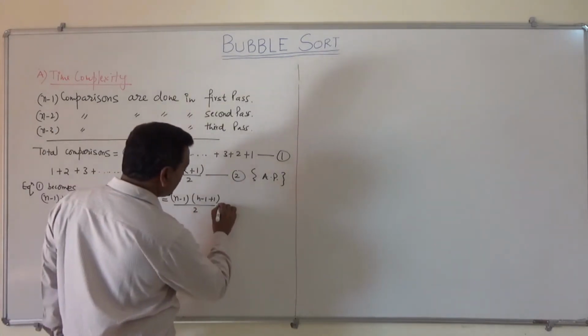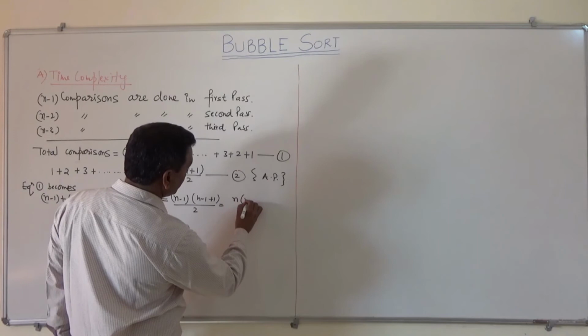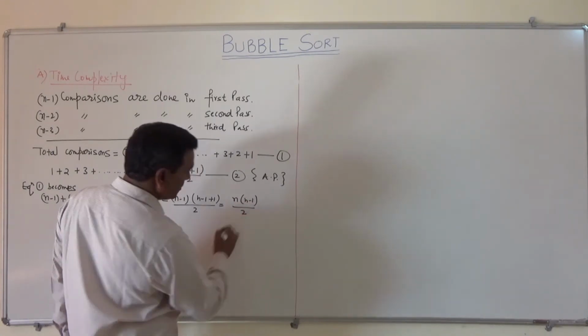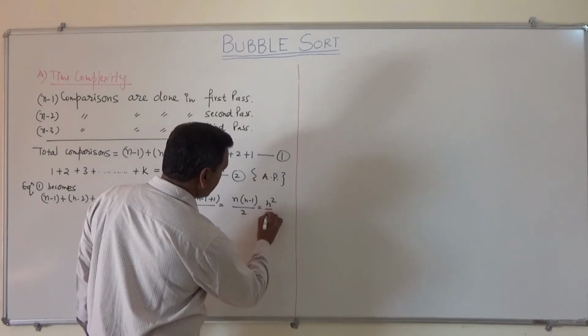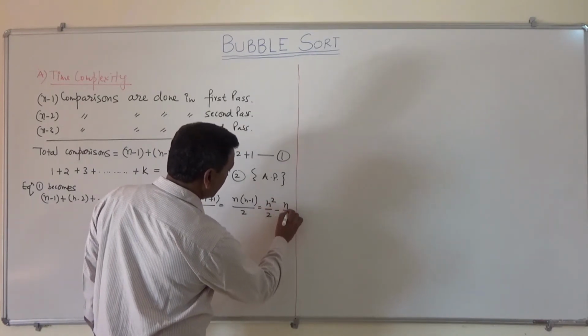So it comes out to be n into n minus 1 upon 2, or n square upon 2 minus n upon 2.